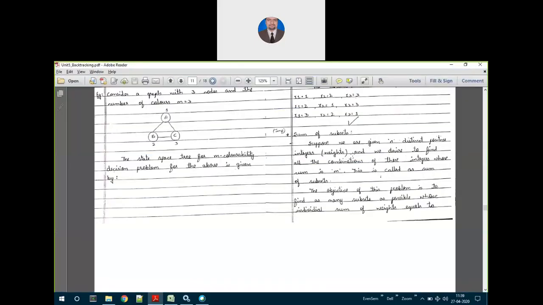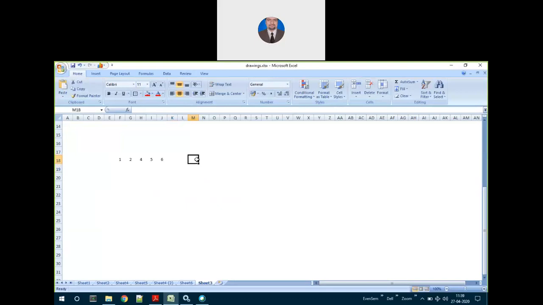What is the other part of the definition? We desire to find all the combinations of these integers whose sum is m. If I say m is equal to 10, I need to take the integers from here whose sum would be equal to m.